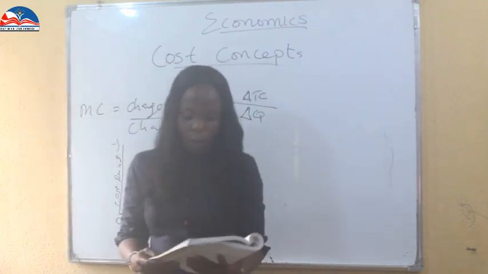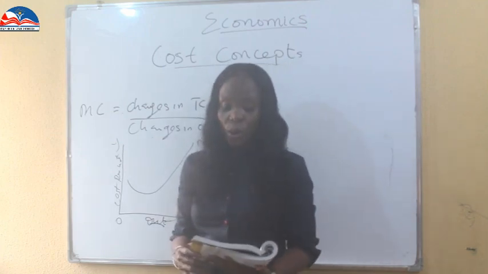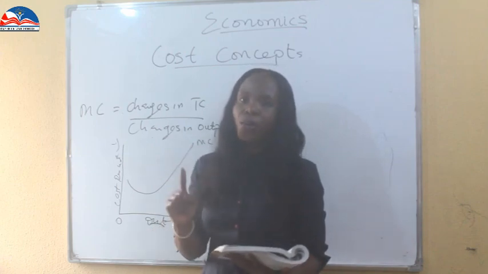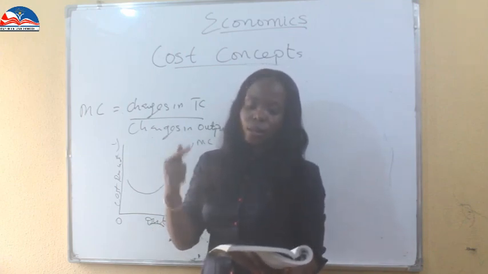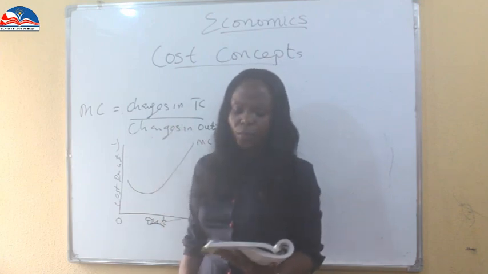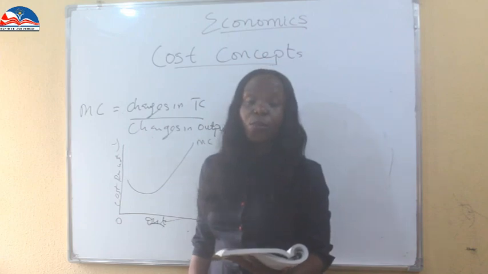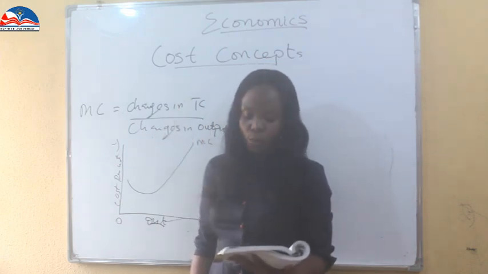Alright, and when we look at marginal cost, it is the extra cost of increasing output by 1 unit. So we can say that marginal cost is the cost difference in producing an additional unit of an output.